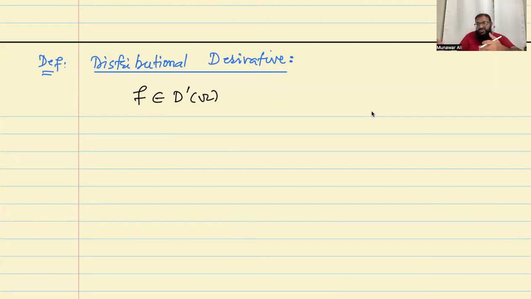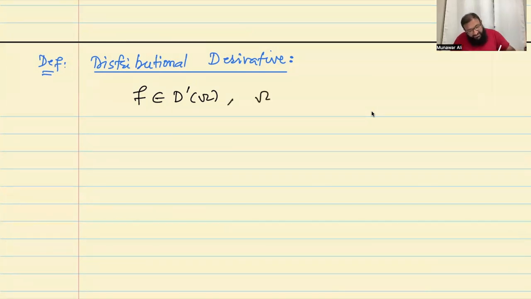The functions which are in L^p or L1, we can weakly differentiate them. Now the functions which are not in L1, not in L2, not in L^p, we have these distributions like functionals. Can we make sense of differentiation? The answer is yes. The answer to this question is the distributional derivative.